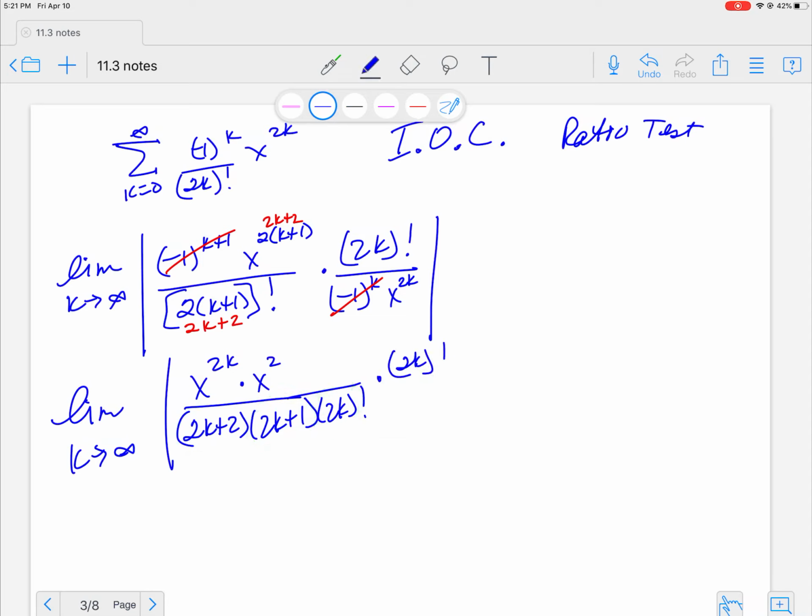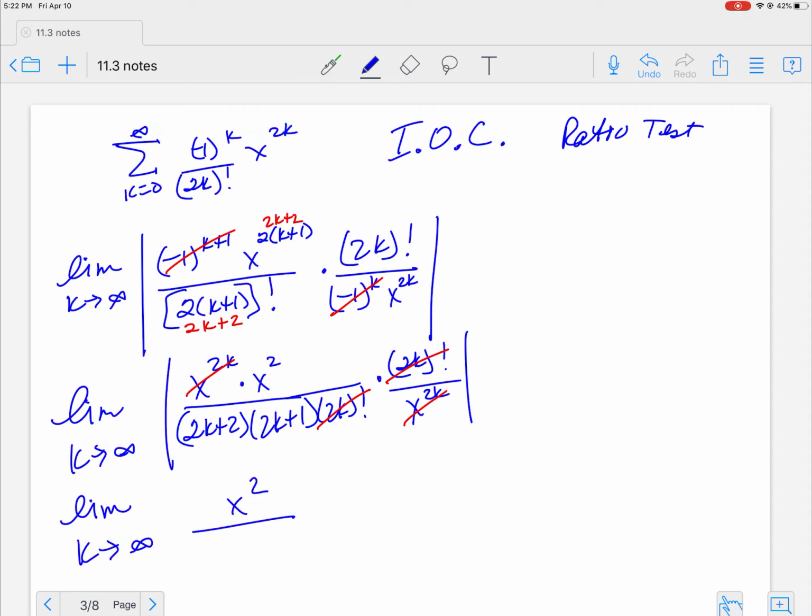That's where those come from. And then you can cancel this stuff out. So now I'm left with the limit as k approaches infinity of x squared over 2k plus 2 and 2k plus 1.